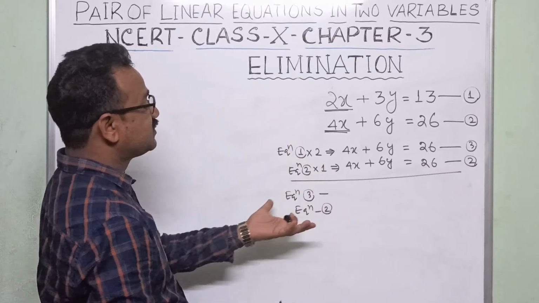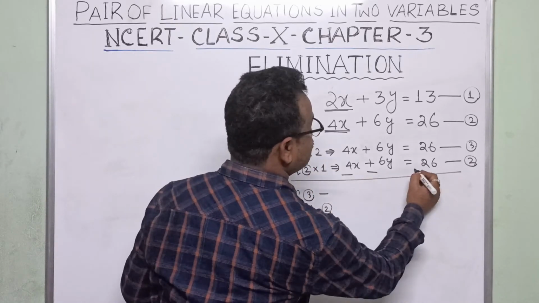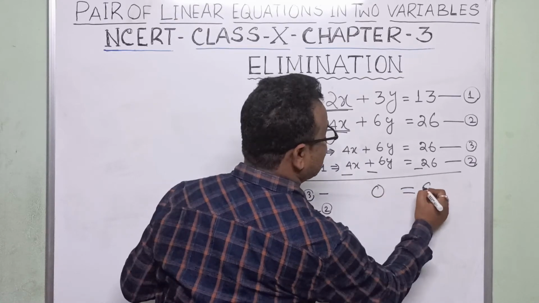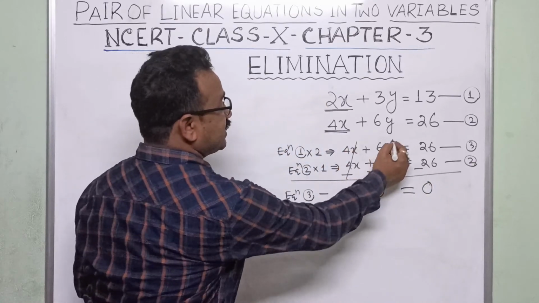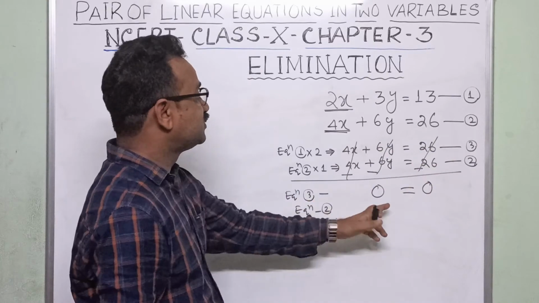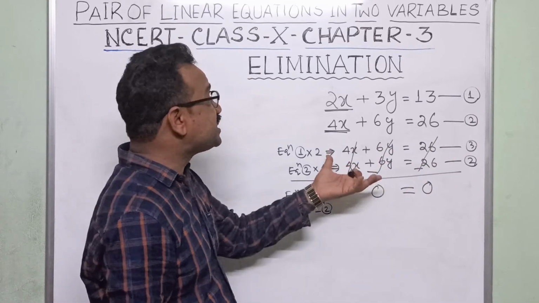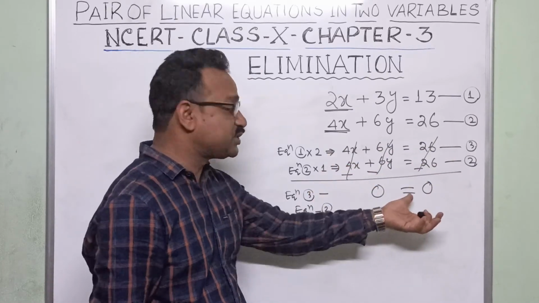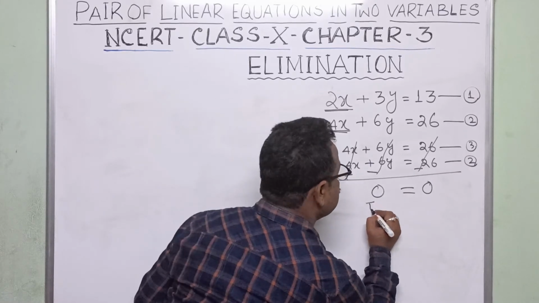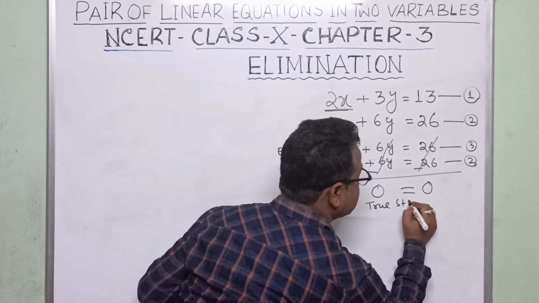What we will get here? Minus, minus, minus, 0 is equal to 0 we are getting. Here cancel, cancel, cancel. So 0 is equal to 0, which is a true statement.